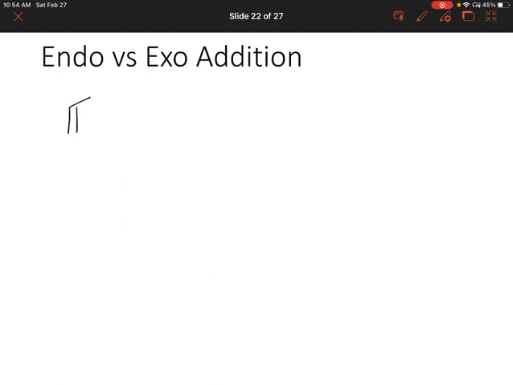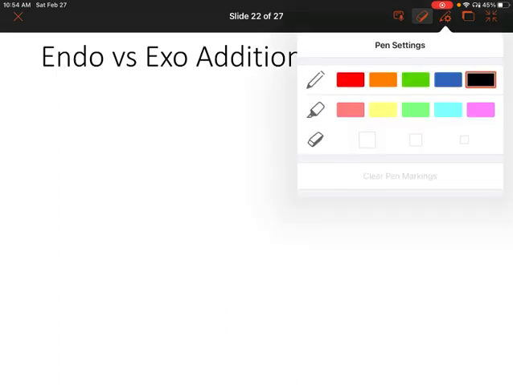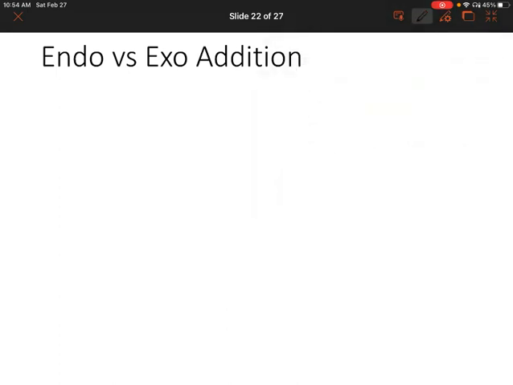So let's say we have our diene, and our dienophile has two cyanide groups attached, and they're cis to each other. So we could actually end up with two different products.